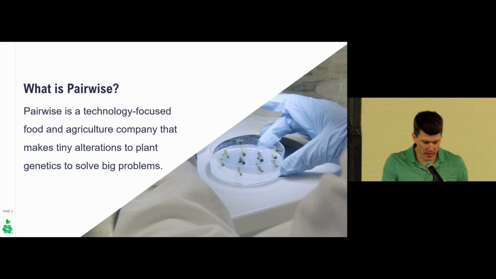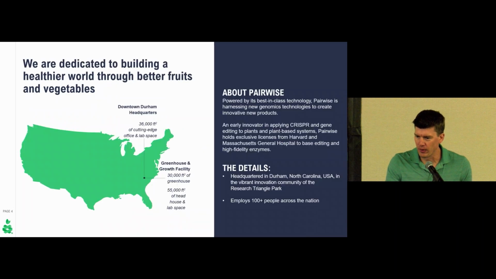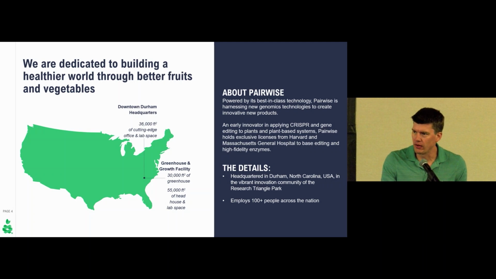And the exact strategies and traits that we seek to develop depend on whether it's a row crop or a consumer crop and the specific circumstances of the plant that we're working in. We're located in downtown Durham. That's where our headquarters is. And we also have additional lab space in a greenhouse in the Research Triangle, which is nearby.